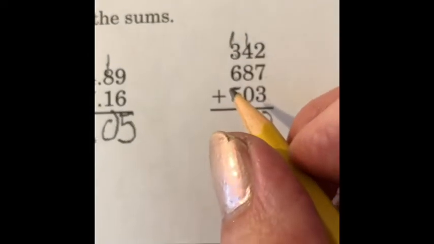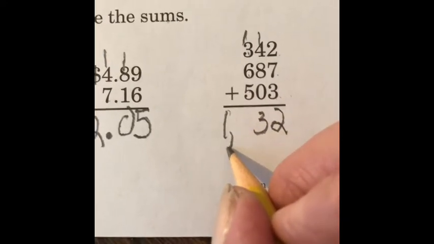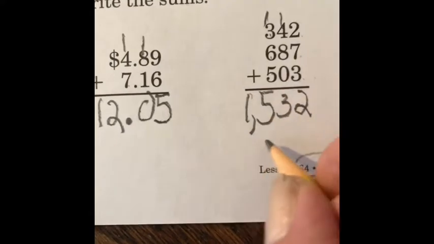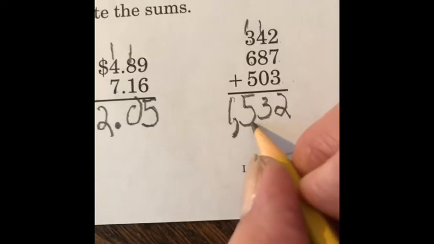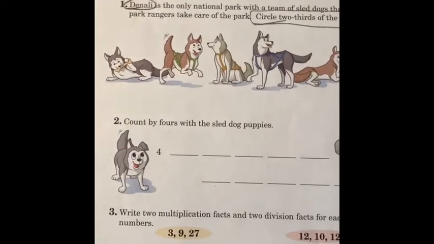And what do I get when I add all those? I get 15, so I just bring my 15 down. Okay, so my answer is 1,532.